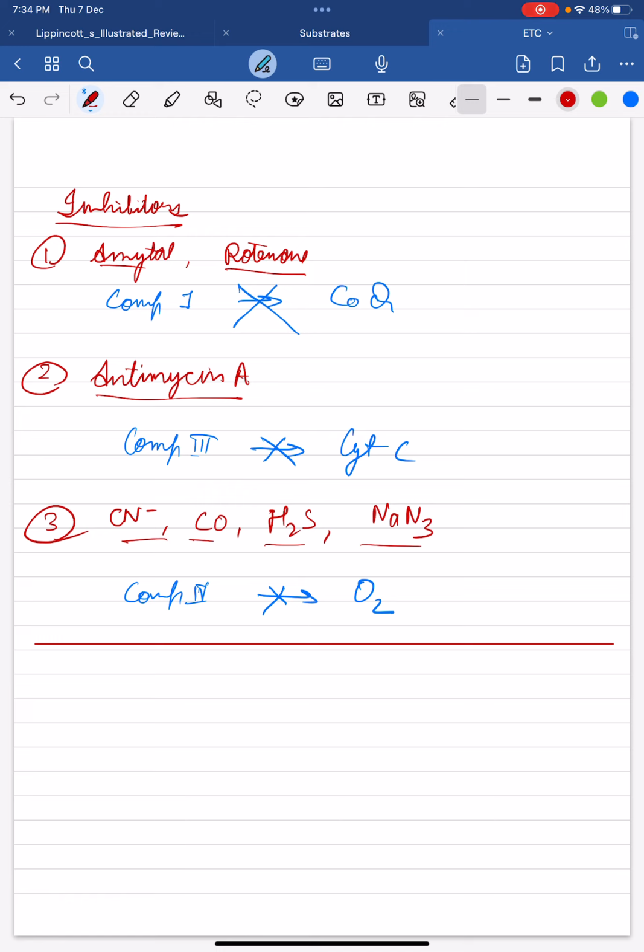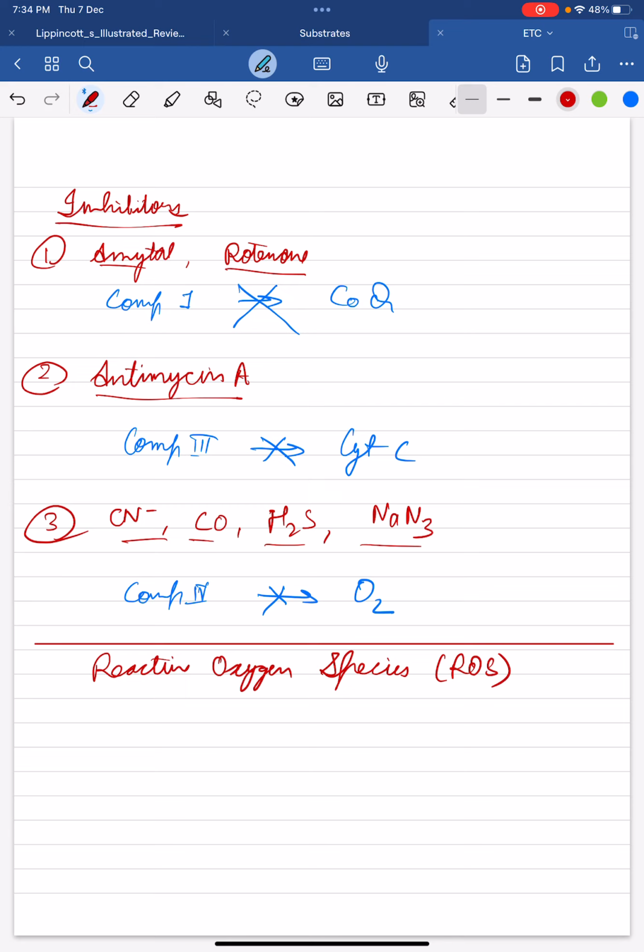We also have something known as reactive oxygen species, that is ROS.